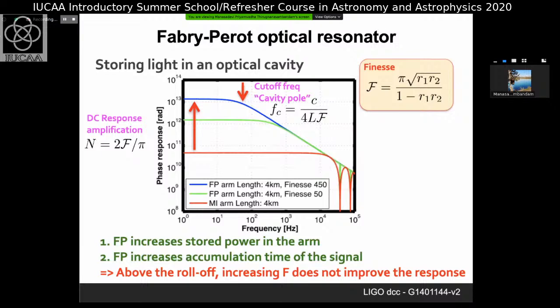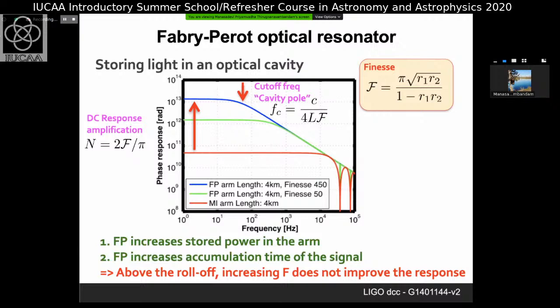This gives us a very important parameter, because beyond this point, even if you increase your finesse, there's not much response that you get beyond that. But what you definitely see when you introduce a Fabry-Perot cavity into the Michelson arms is a DC response amplification, which is very good because you increase the sensitivity of the detector.